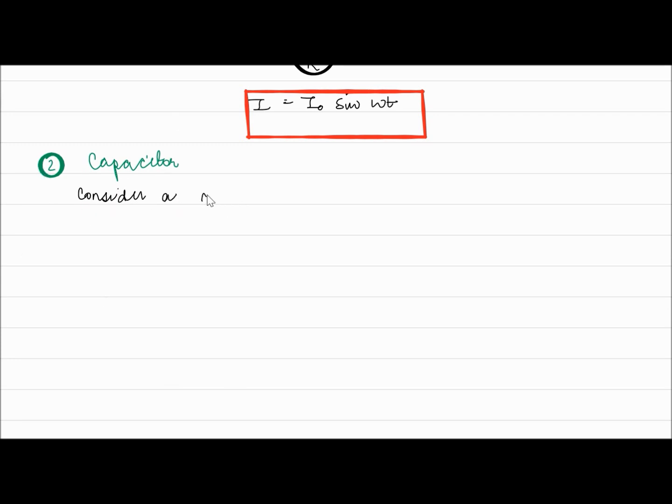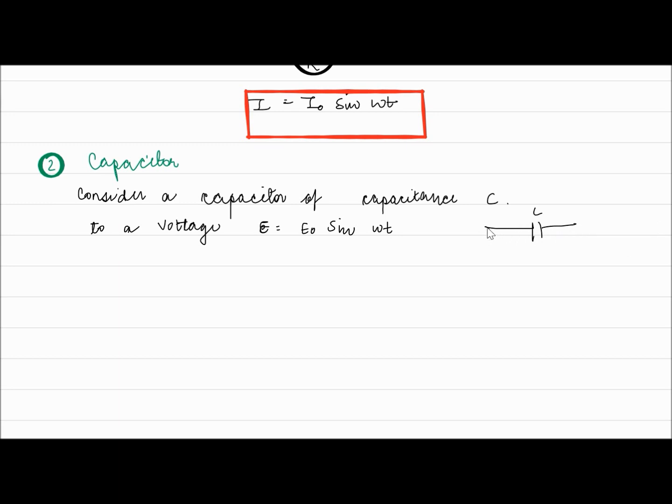Consider a capacitor of capacitance C which is connected to a voltage E equals E naught sine omega t. So we have C and we have the voltage E equals E naught sine omega t.